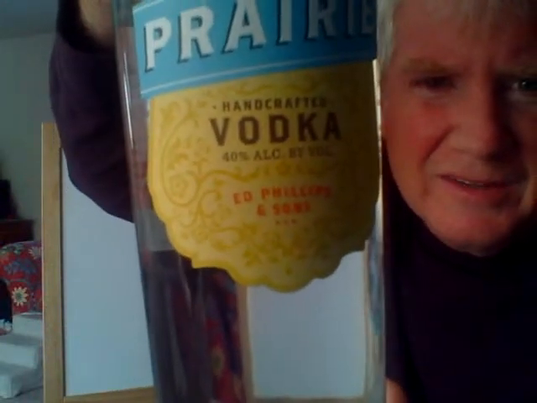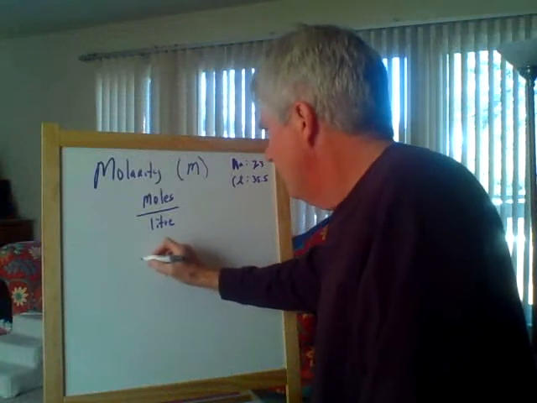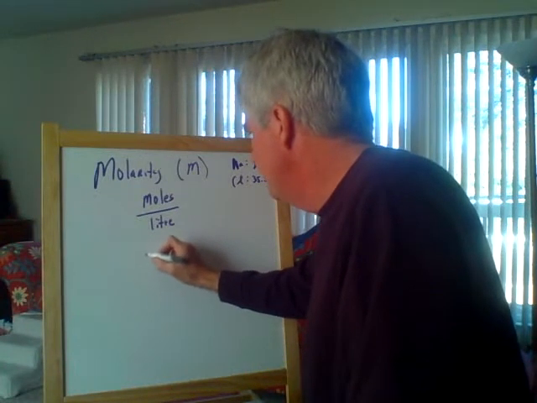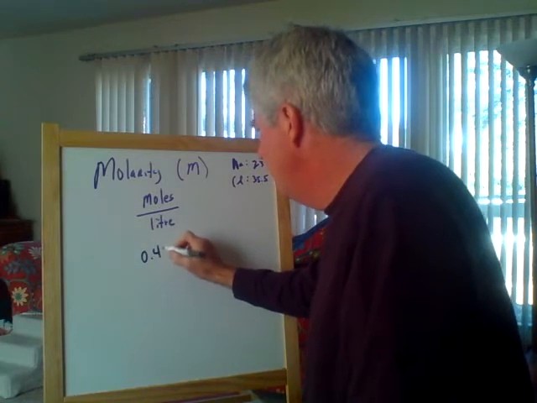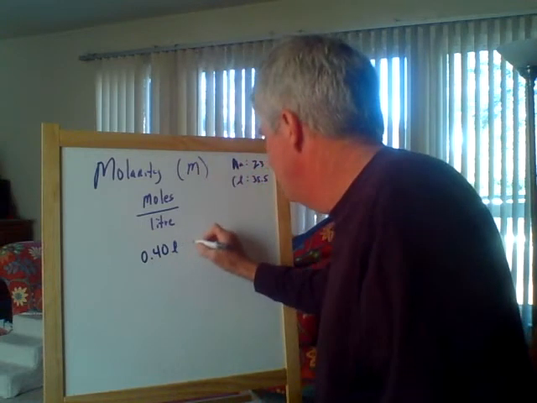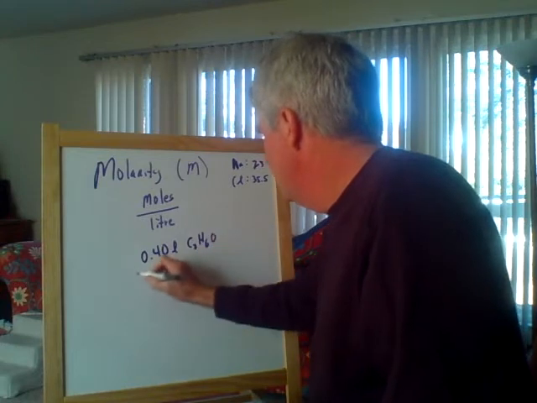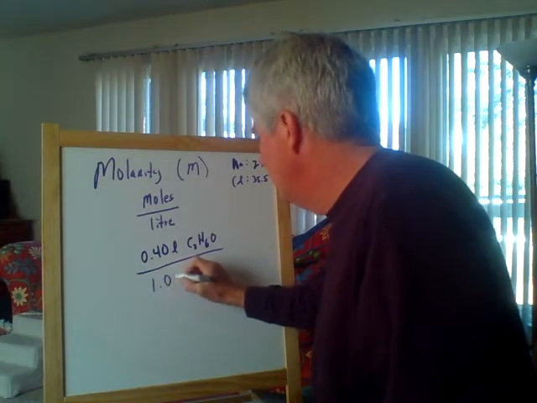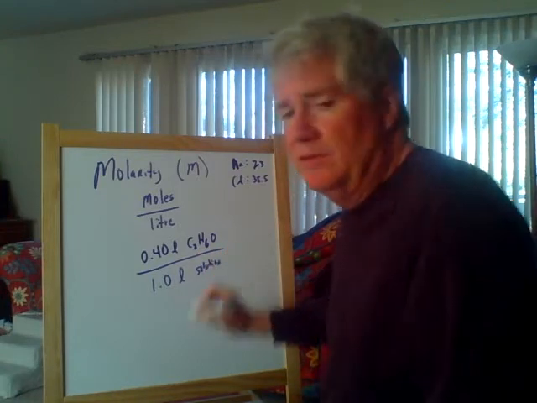Here's a nice little handcrafted vodka. It says 40% alcohol by volume. What that's saying is that for every liter of solution, in this case vodka, you have 0.4 liters of alcohol, good old ethanol, C2H6O.